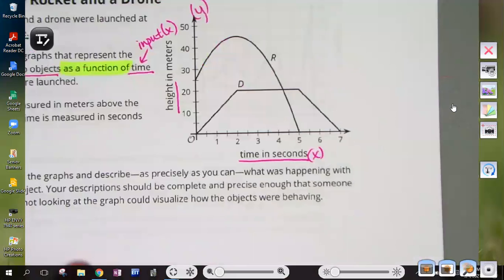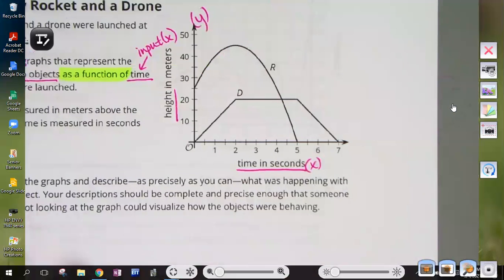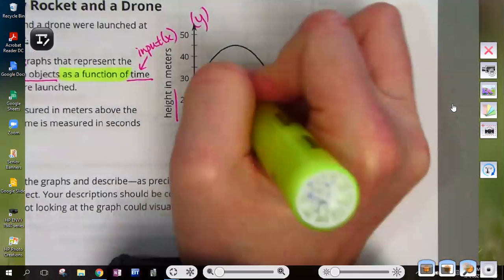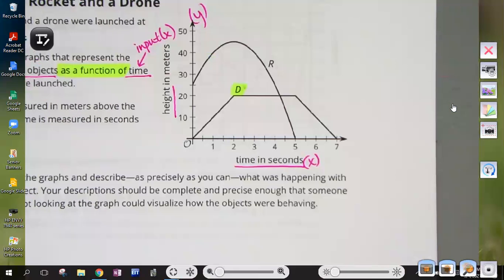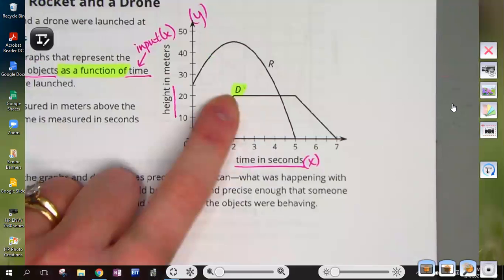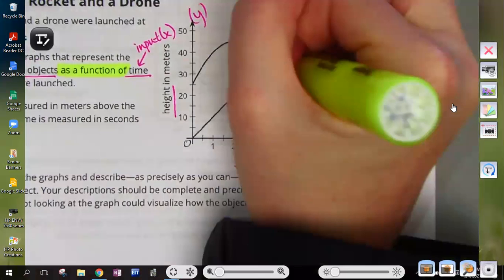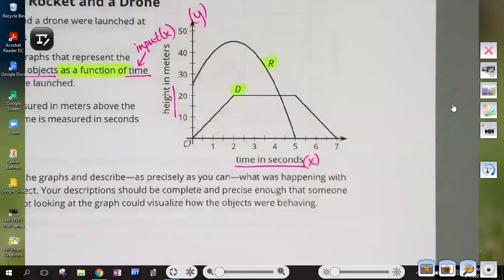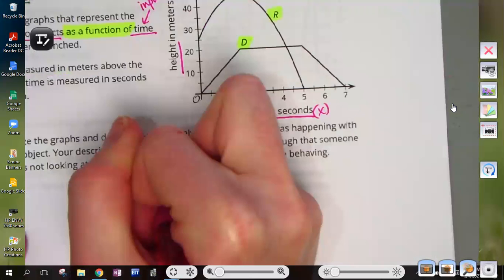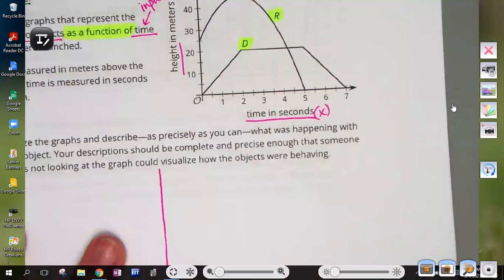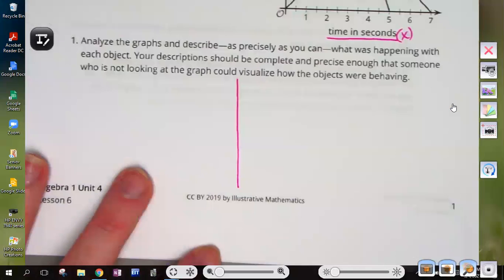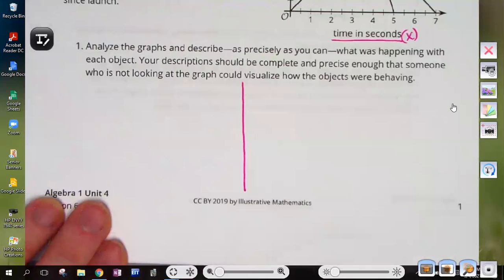So they've named them for us. They gave us D. What do you think that one describes? The drone. And what do you think the R describes? The rocket. Okay. So let's split up this little area down here so we can be organized. So which one do we want to do first, drone or rocket?